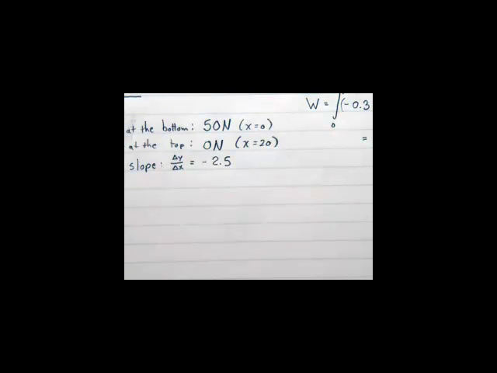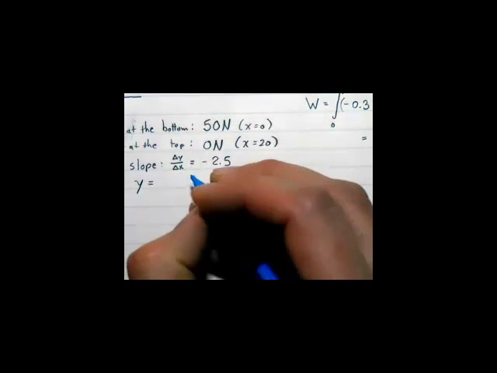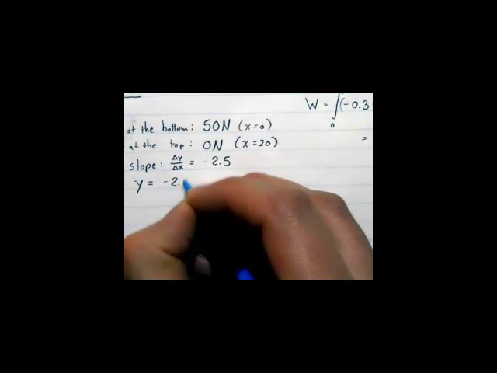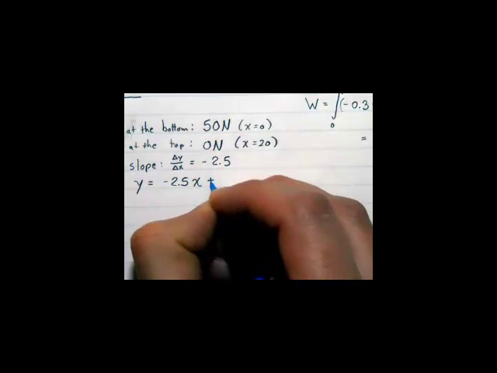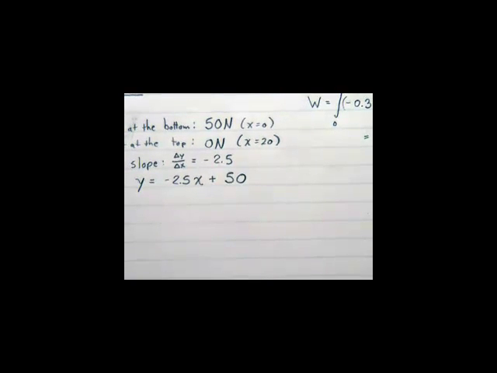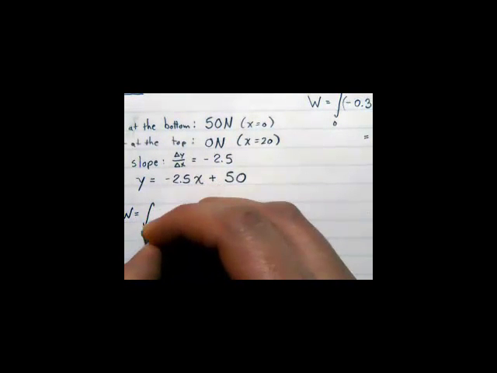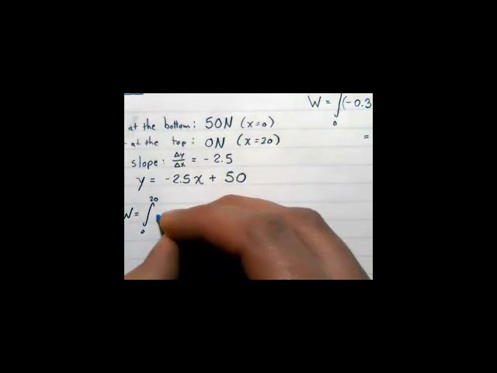So negative 50 over 20 would be negative 2.5. Then our equation for the water's force would be negative 2.5x plus 50, right? Because it started at 50. Okay. Same thing. The work is going to be the integral from 0 to 20 of that.